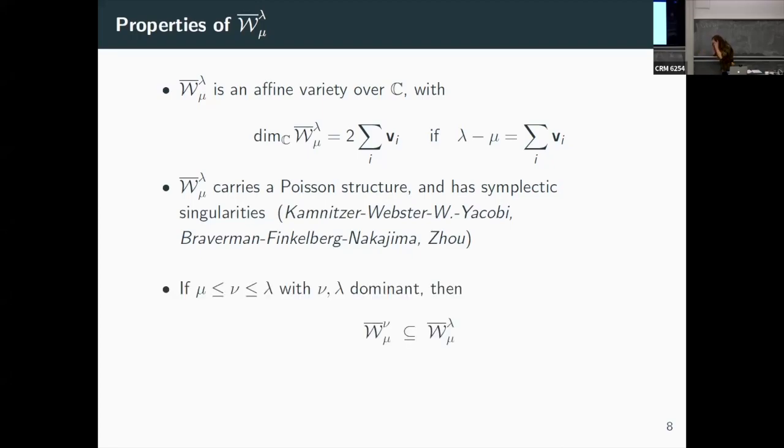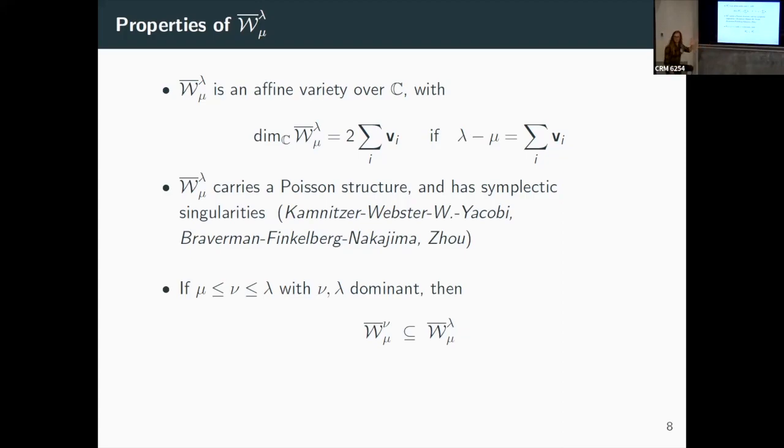And this is a key point in this talk. I started with lambda and mu. If you add a third coweight into this mix, like mu, nu, lambda, I know they're out of order alphabetically, then you can take a slice between mu and nu, or a slice between mu and lambda, and in fact, they embed into each other.